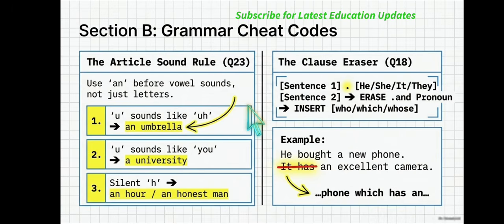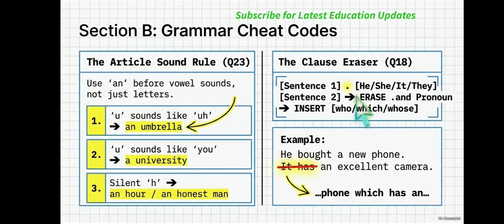Then here you sounds like you, university, then you should go for indefinite article a. And silent, for example, here the hour, an honest man, right? Here H is silent. Remember these simple hacks. And now for all these things, consonant sounds, vowel sounds, and if it is specific, you have to use the definite article the.